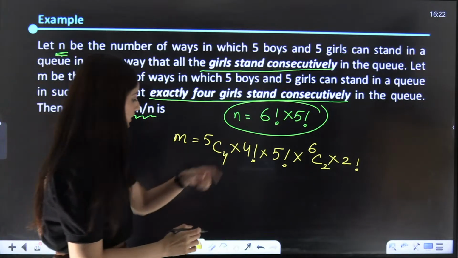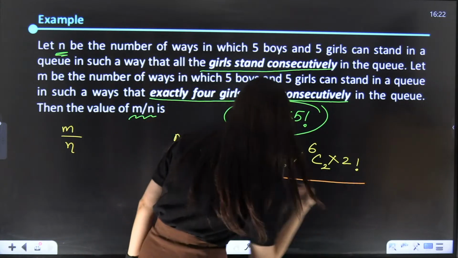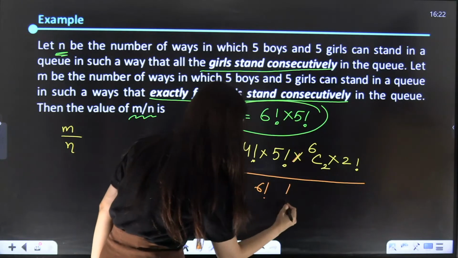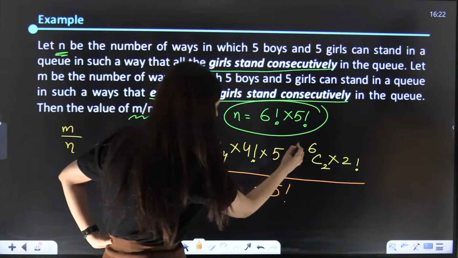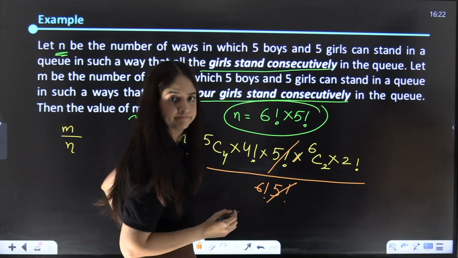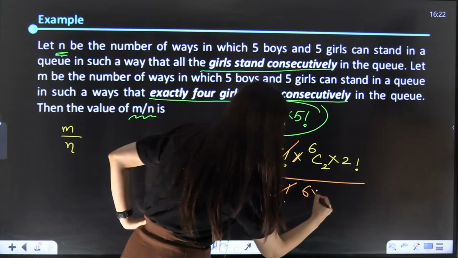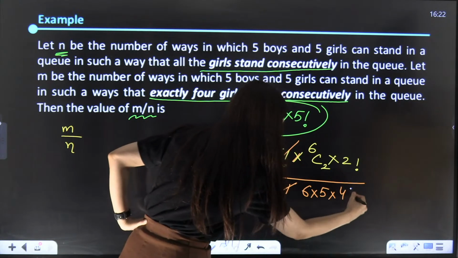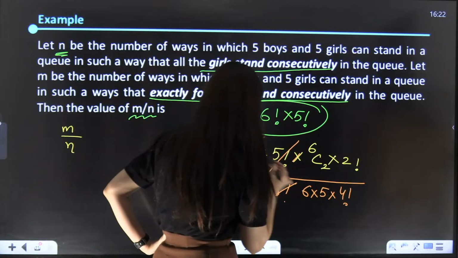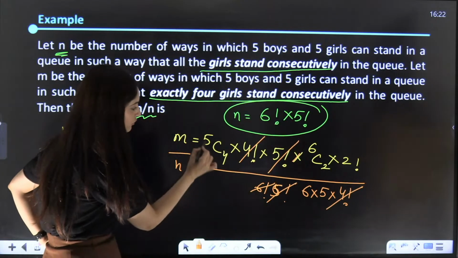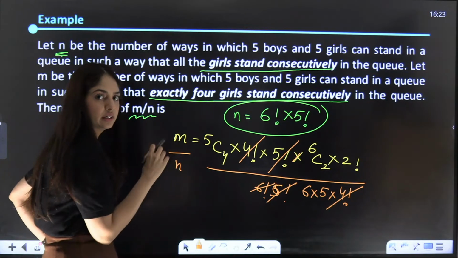So we divide this entire thing by 6 factorial and 5 factorial. Right? So 5 factorial gets cancelled. And we can write 6 factorial as 6 into 5 into 4 factorial. Correct? 4 factorial gets cancelled. Then 5C4 is nothing but 5 by 4 factorial into 1 factorial.